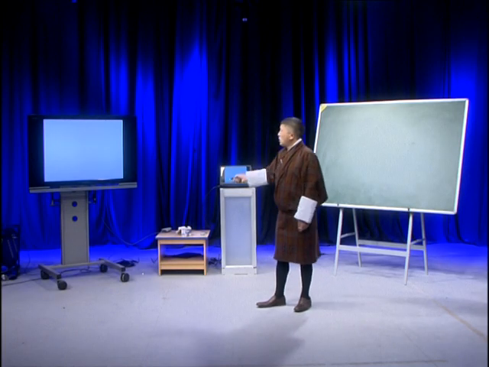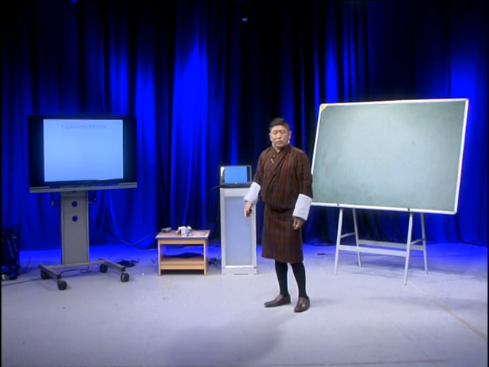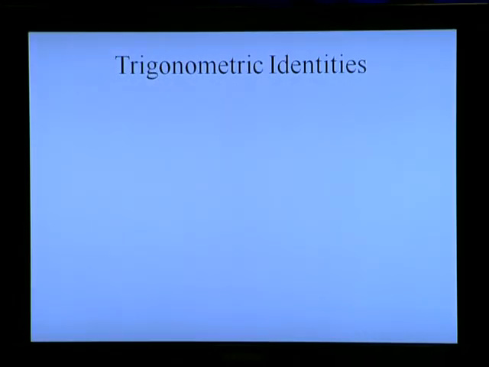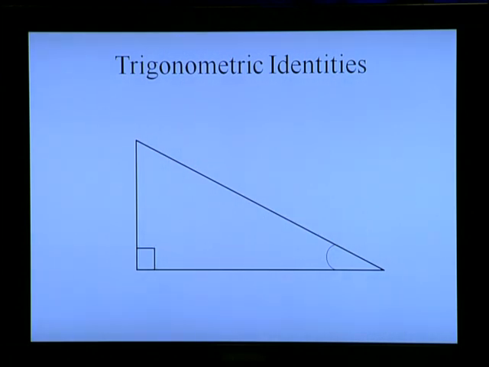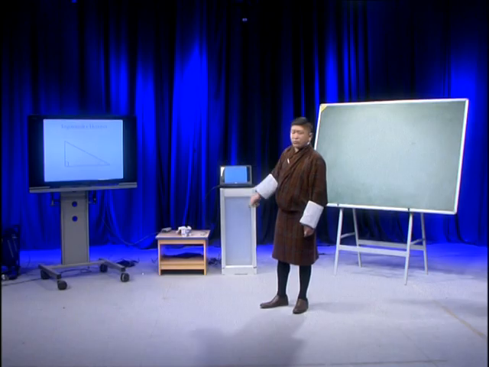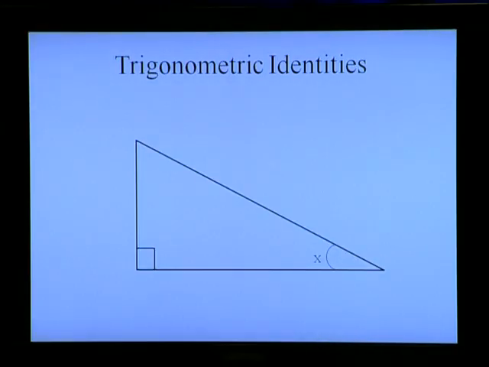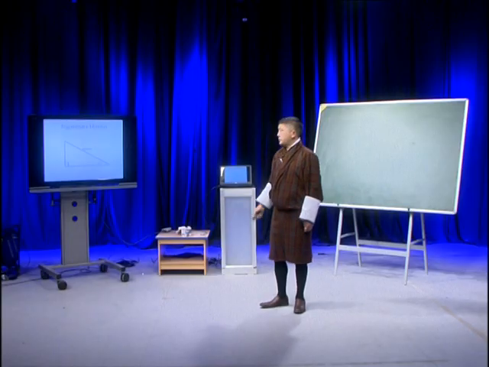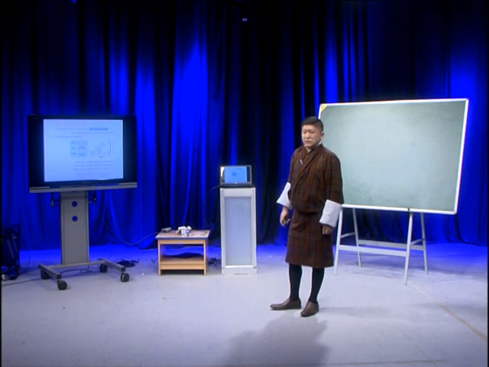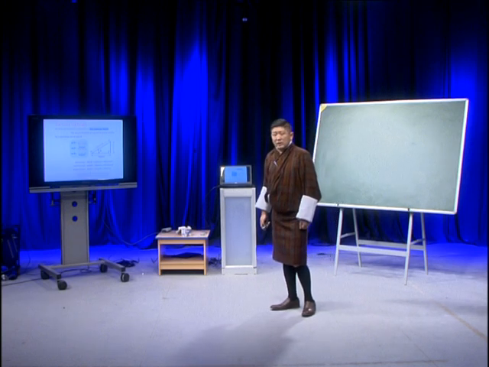Now we will be dealing with trigonometry identities. In trigonometry identities, the first thing you should know is about the right triangle, and the angle X is out there. With respect to this angle X, this side becomes the hypotenuse, as you know that the longest side is known as the hypotenuse. Now let me take you through the sine, cosine and tangent ratios.